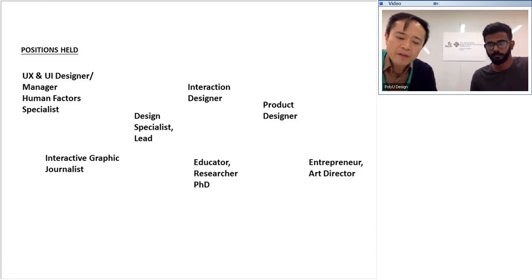So programming might not be necessary today, but of course, with these tools, students or interaction designers still have to develop an understanding of the concepts behind the technologies.